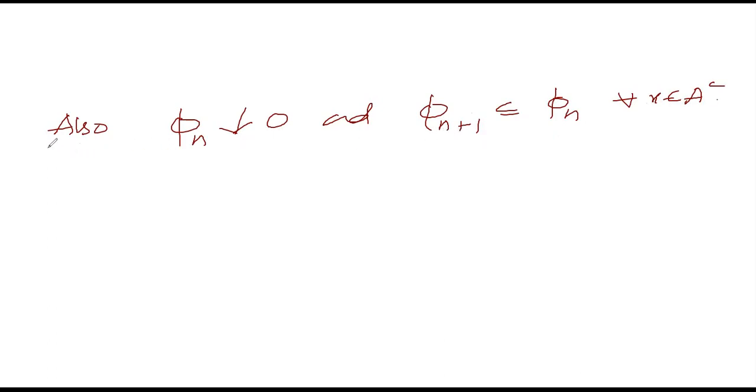Now let's define a new step function. Define psi n is equal to phi n times the characteristic function of A complement. Then psi n is equal to phi n on A complement, and on the rest of the set psi n is equal to 0.